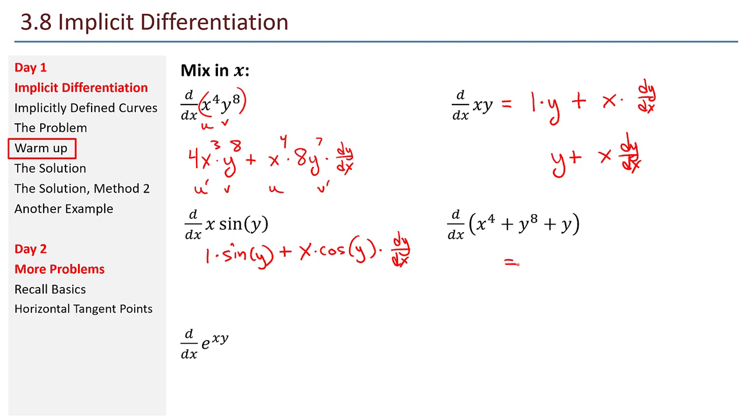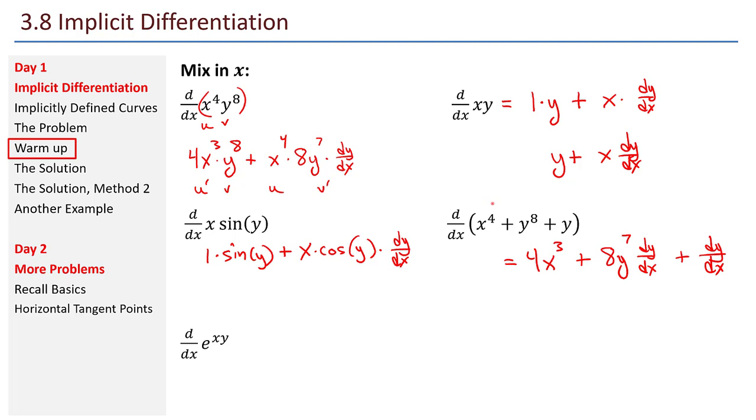Okay, how about this one? The derivative of x to the 4 plus y to the 8 plus y. Do you see what this will be before I do it? 4x cubed plus 8y to the 7 dy/dx plus dy/dx.